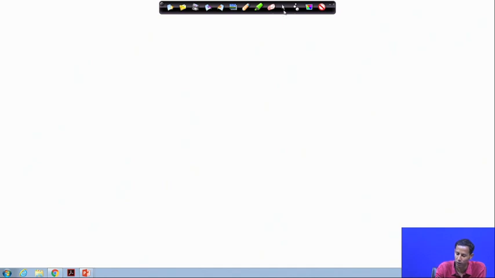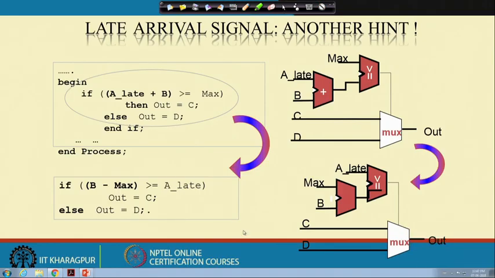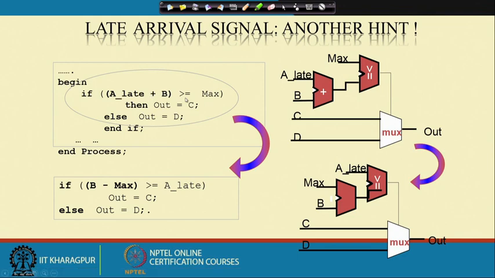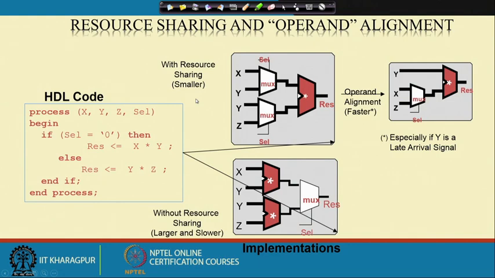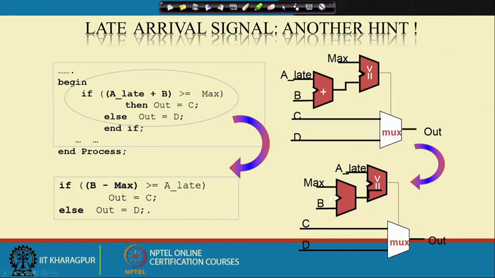So, if I go back and change the logical expression in another way, that means the equation: A_late plus B has to be checked with max. Now, what I am doing is putting max on the left hand side and A_late on the right hand side.